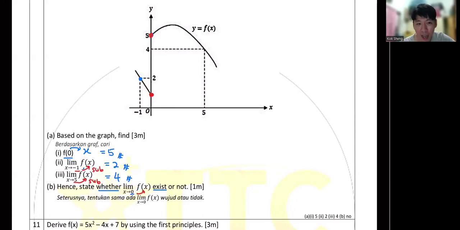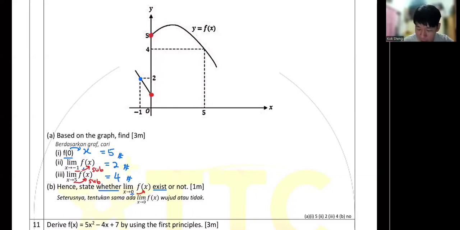The right side of the graph is over here, also go all the way to the point. Then you can tell me, are these 2 points the same or different? You should be able to see that these 2 numbers are different.